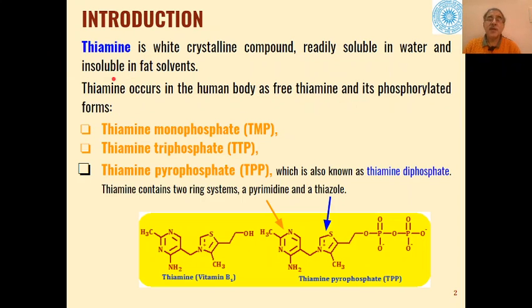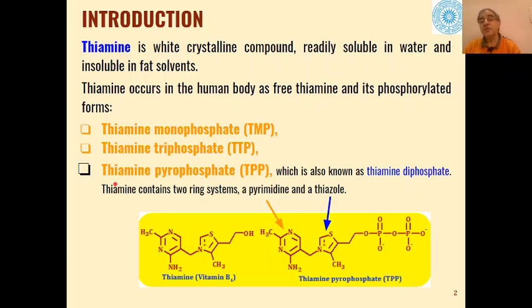Thiamine is a white crystalline compound which is soluble in water and insoluble in organic solvents, fat solvents. It occurs in the human body as free thiamine or in its phosphorylated forms: thiamine monophosphate, called TMP, and thiamine triphosphate, called TTP.